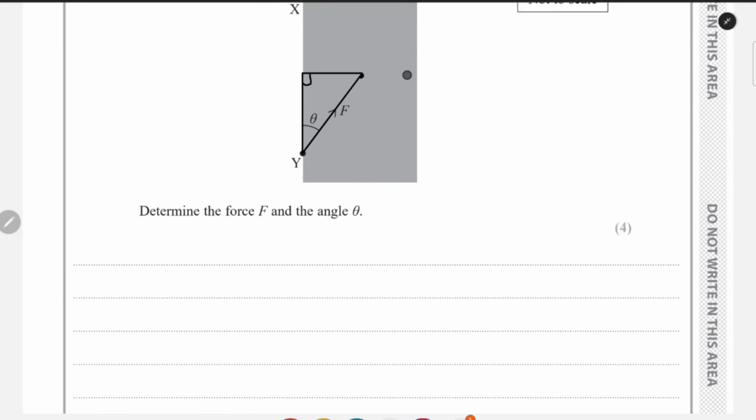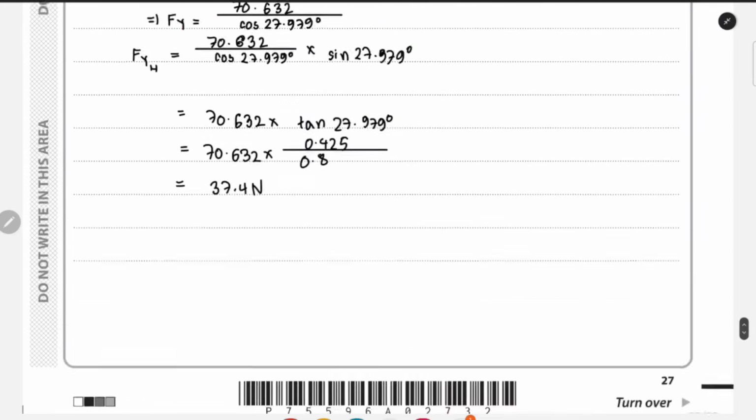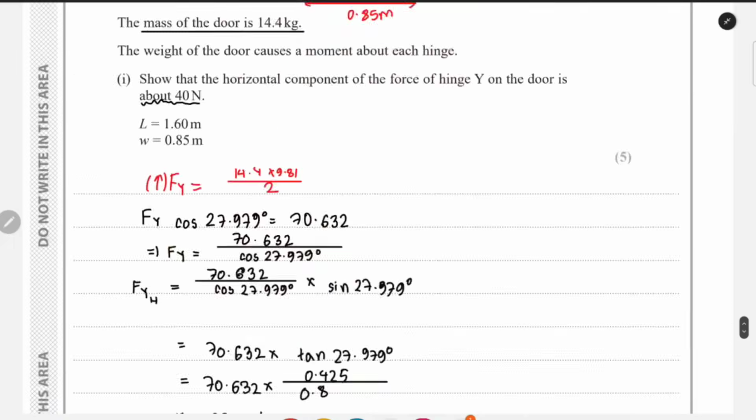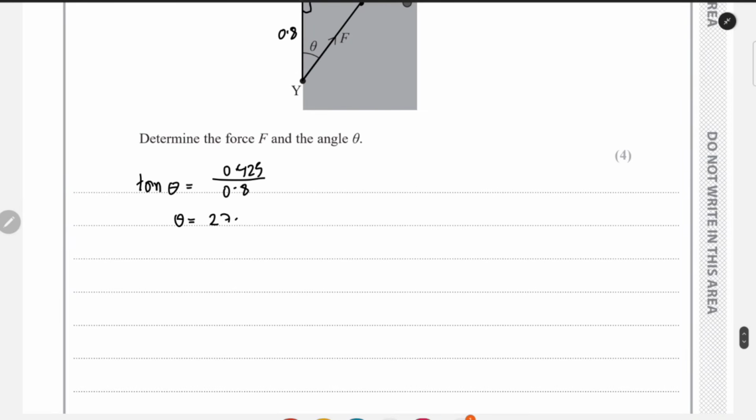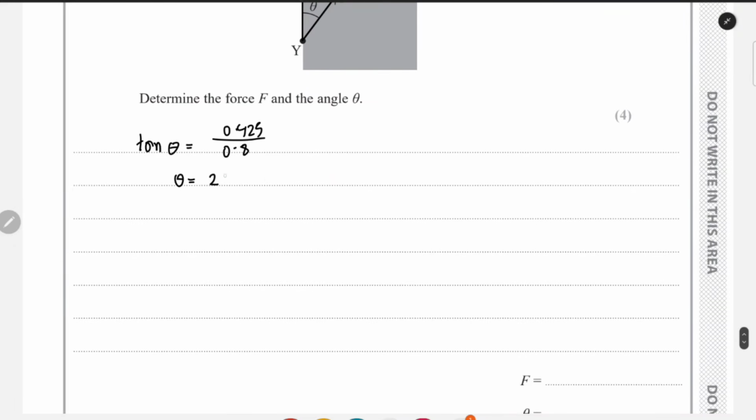This is 90, this is 0.425, this is 0.8. So tan theta would be 0.425 by 0.8. So theta is 27.9 degrees or 27.98 degrees, or in 3 significant figures we'll just write 28.0.